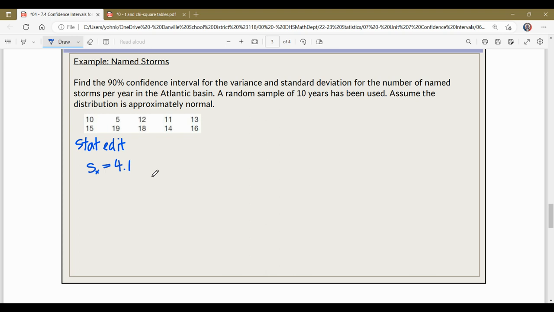I also need to know what my n is, what my degrees of freedom are, and what my chi-square right and my chi-square left values are. So I did get my 4.1 on the calculator, just so everyone remembers. All right, so my n value is 10, which means my degrees of freedom is 9. All right, so we're using 90% and 9.